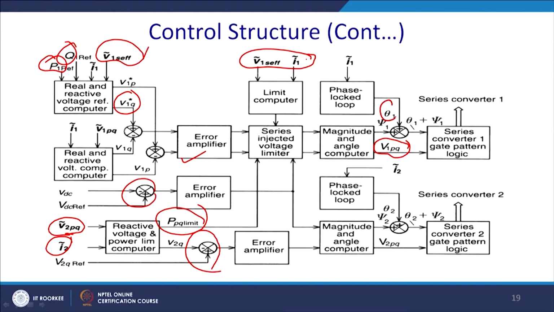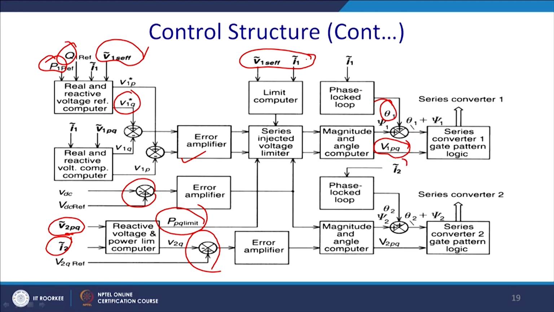From there we will have a PLL loop. From the PLL loop we will compute theta, psi plus theta 1, which will be the effective phase shift given to the voltage V1PQ, and that will be fed to the inverter, and the inverter will inject that voltage.